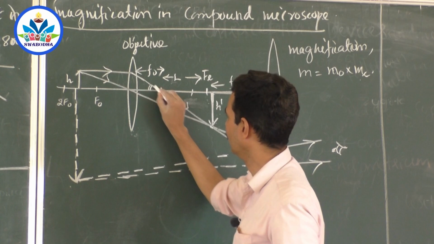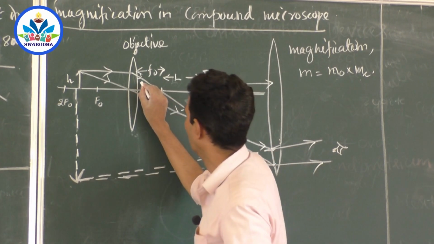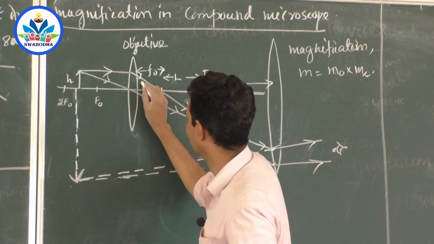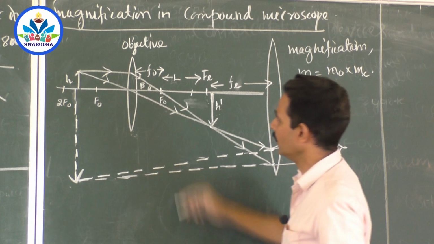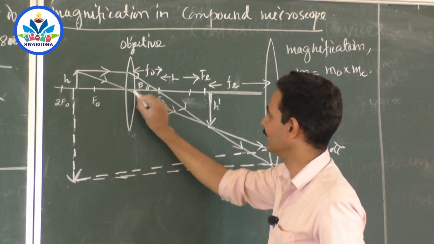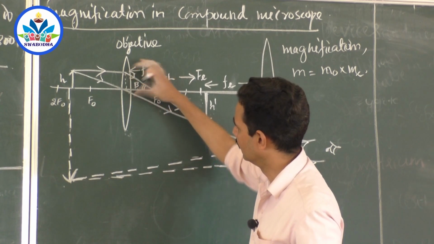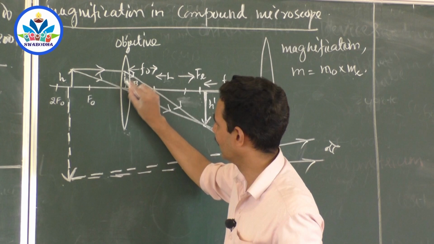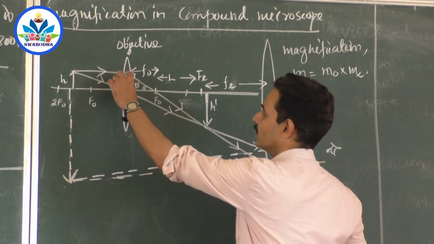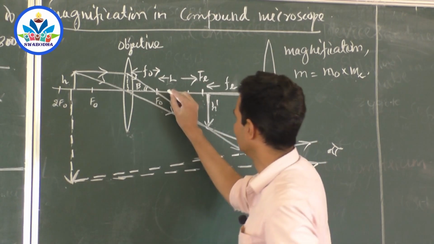In this triangle, of course I will rub the arrow mark and put it somewhere here so that I don't lose any mark, and this is beta. I'll take that angle as beta. Adjacent side is f0. What about the opposite side? It is the same one, because this is a parallel ray, this is h. Opposite side by adjacent side. So here you get h, here you get h dash, and this is definitely beta.